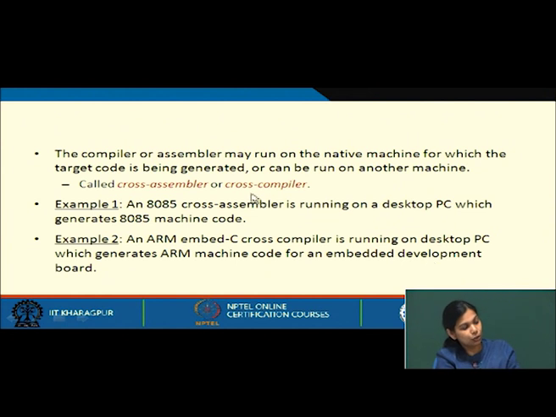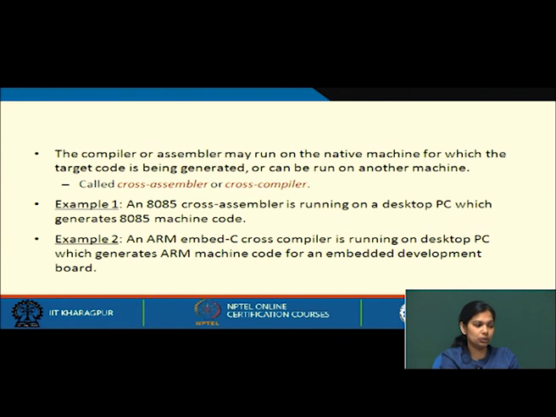Now, you can also have something called a cross assembler or cross compiler. What does it do? The compiler or assembler may run on a native machine for which the target code is being generated, or it can run on any other machine. For example, you have an 8085 cross assembler running on your desktop machine, and it generates 8085 machine codes.